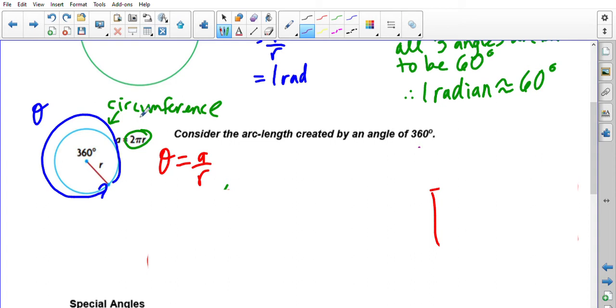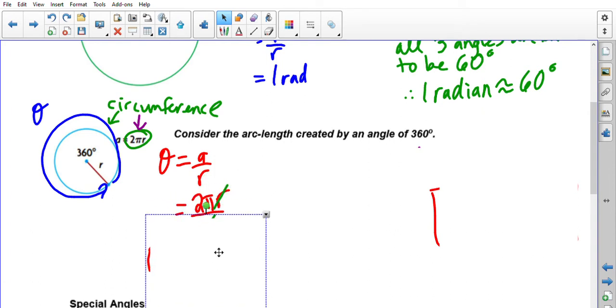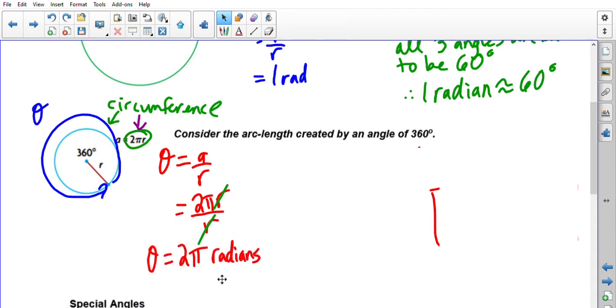We know the circumference is 2 pi r. So the arc length of a 360-degree rotation is 2 pi r. Then we do 2 pi r as our A, divided by the radius r, and the r's cancel out, and I'm left with 2 pi radians. So this full rotation is equivalent to 2 pi radians.